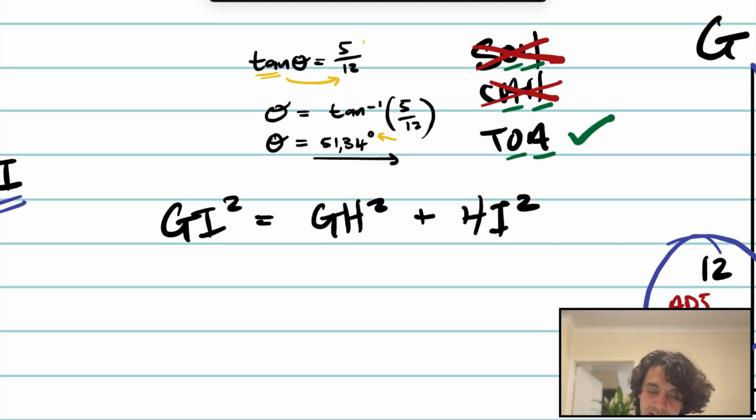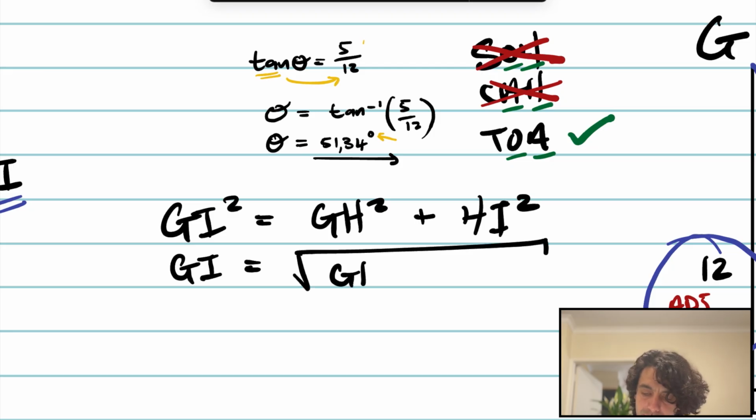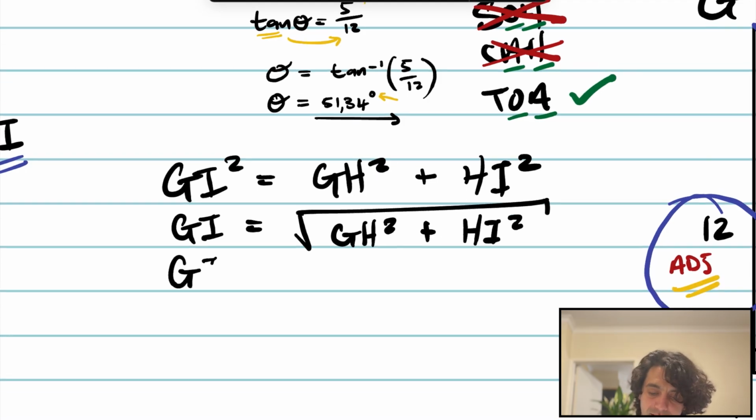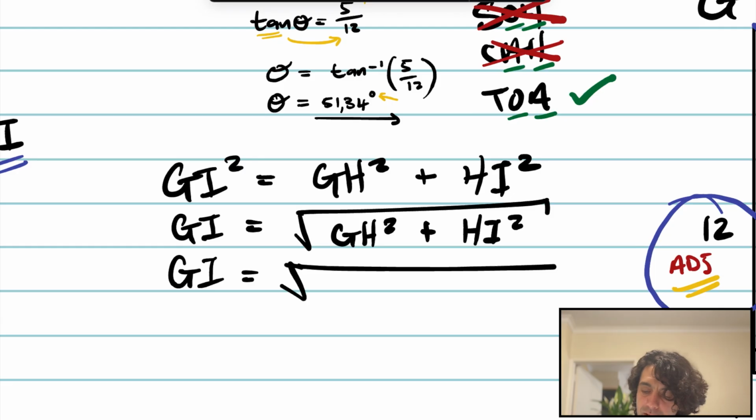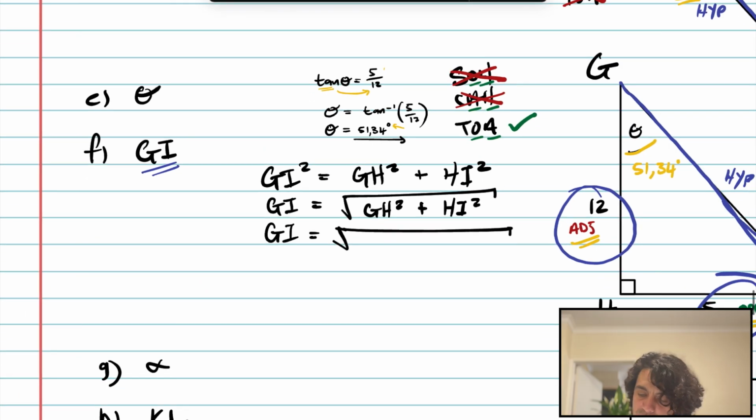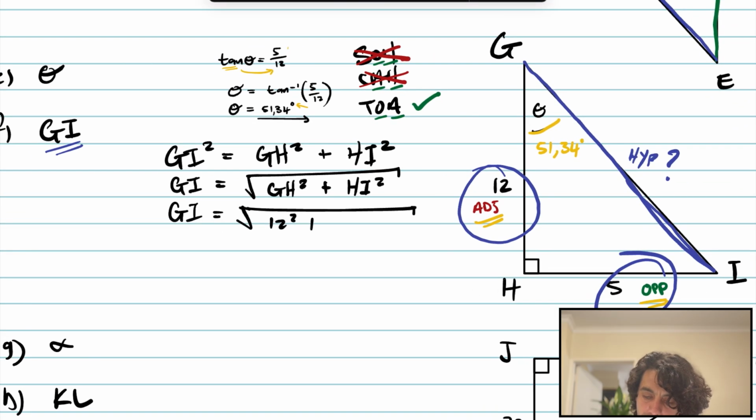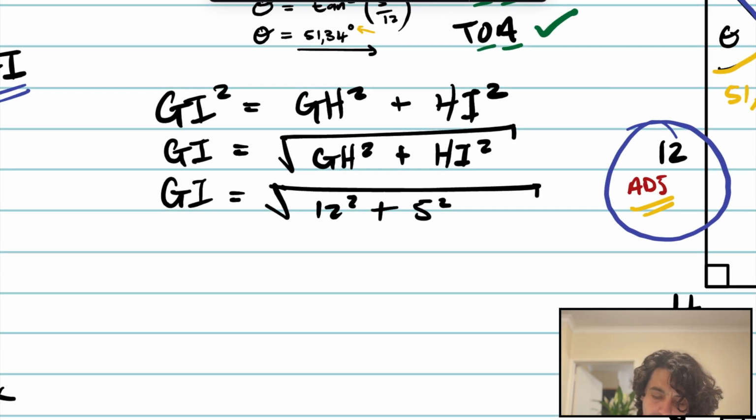Now I just need to square root both sides. By doing so, I managed to get my GI on its own. And then I substitute in my values. GH being 12 squared, which is 144, plus 5 squared, which is 25.